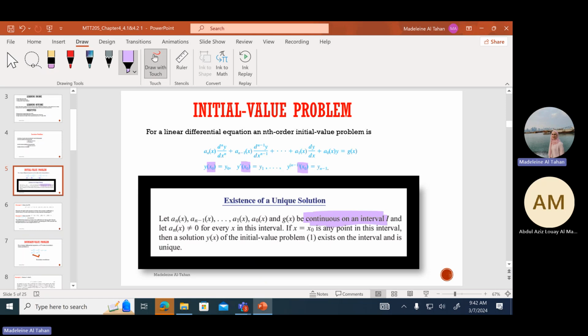So if the coefficients of y, y prime, y double prime, and so on, along with what's after the equal sign, are continuous, and of course a_n(x) shouldn't be equal to 0, this initial value problem will have a solution, and the solution is what? Unique. Okay, miss? What do we mean by continuous? Suppose that g(x) is equal to 1 over x, and I'm giving you the initial condition at 0. It's not continuous at 0, so I cannot deduce if it's correct or not. Okay, miss?